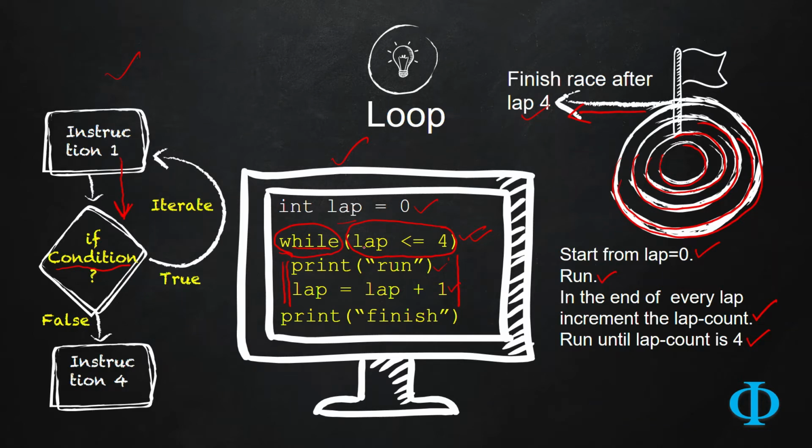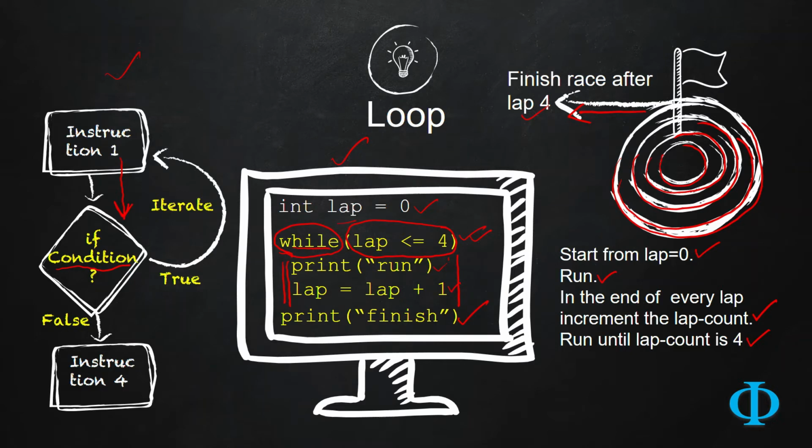And once lap is greater than 4, that is 5, then break this entire while loop, come out of the loop and print finish.